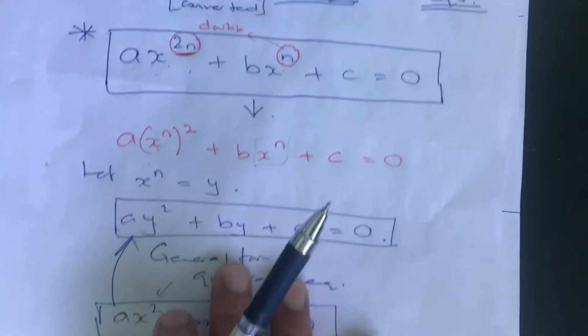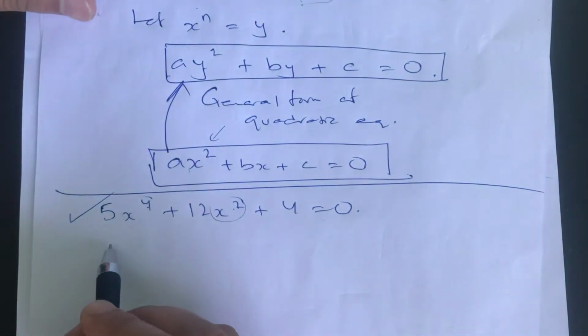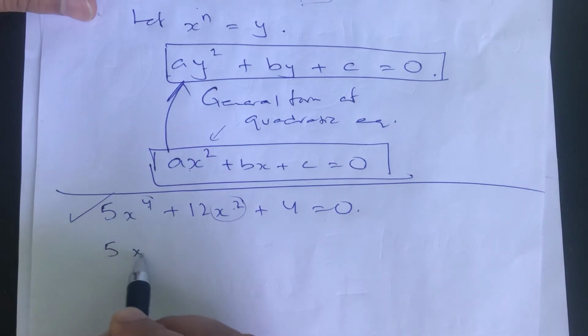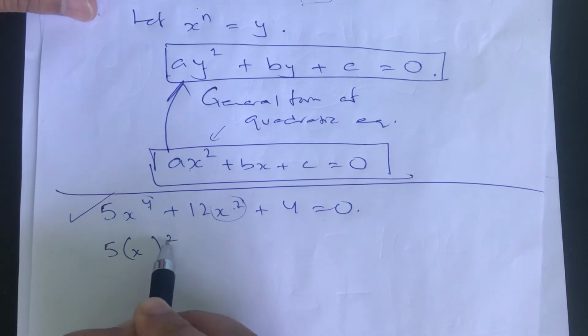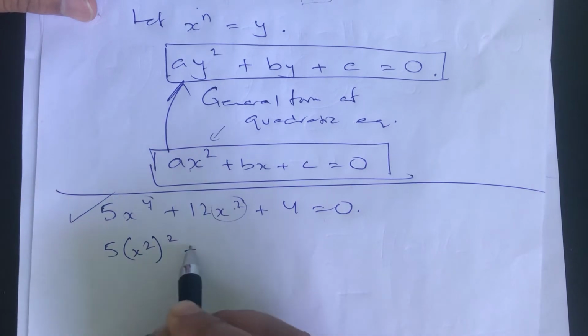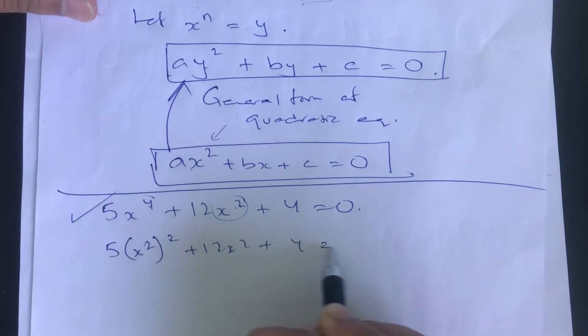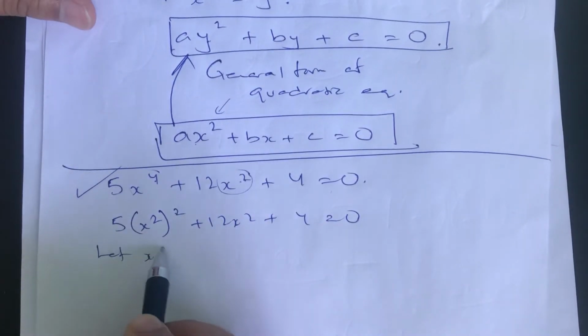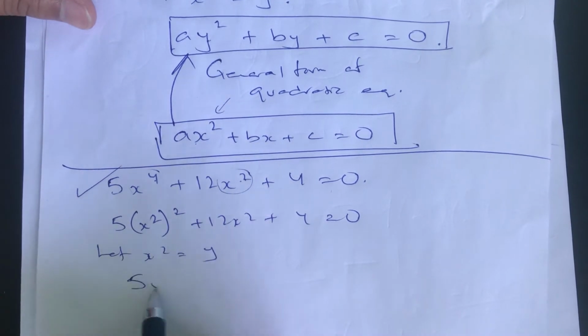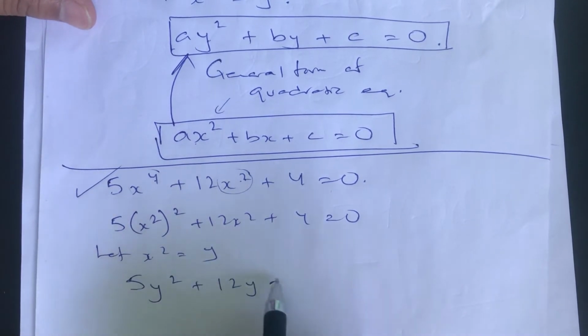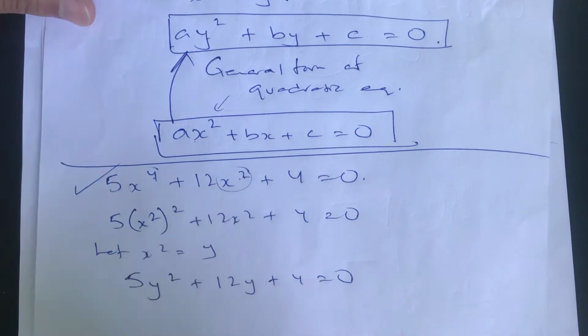So once it's in that form, you write the square outside, and then 2 is a 4, plus 12x squared plus 4 is equal to 0, and then you say let x squared be equal to y, then you write 5y squared plus 12y plus 4 is equal to 0, and then you just solve it.